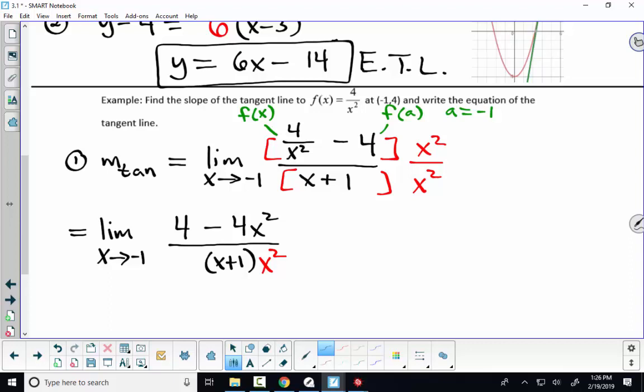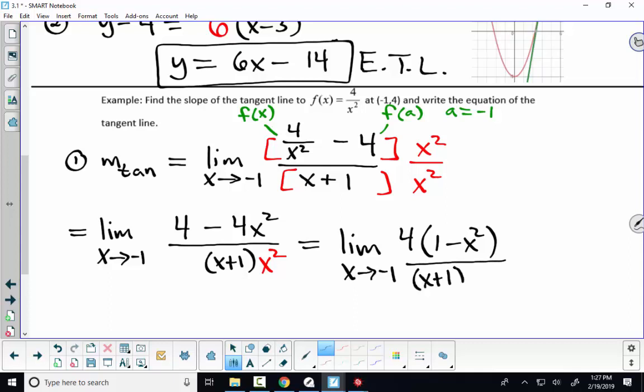The only other choice now that we don't have complex fractions is to try to factor the numerator and see if things go away. So we have the limit as x approaches -1. We factor out a 4, which leaves us with 1 minus x squared over x plus 1 times x squared.